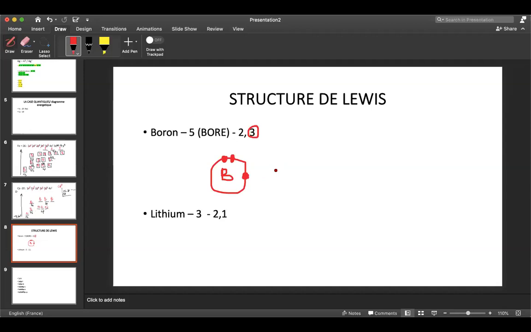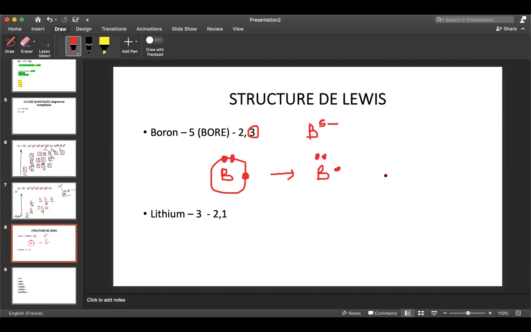Yes, 5. So in a case where boron becomes an ion, we're going to have 5 electrons it's supposed to gain. And therefore, the Lewis structure for this one can be represented as just B with my dots, one pair and then the single dots.